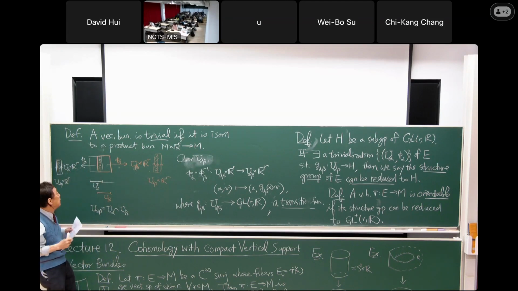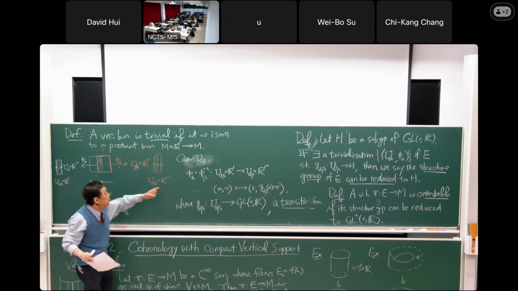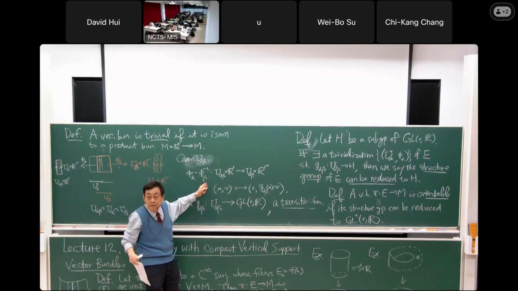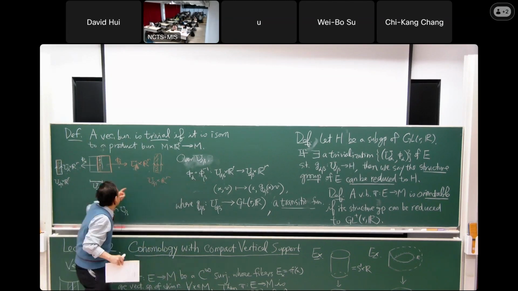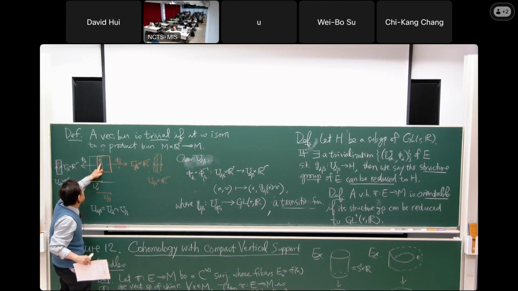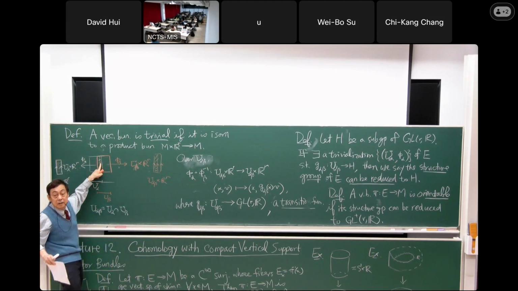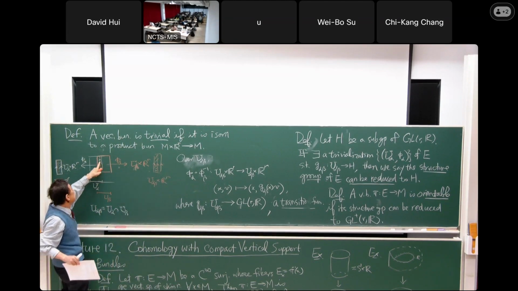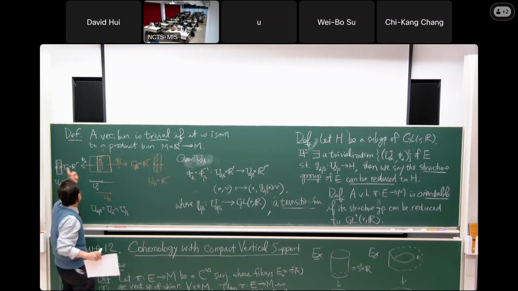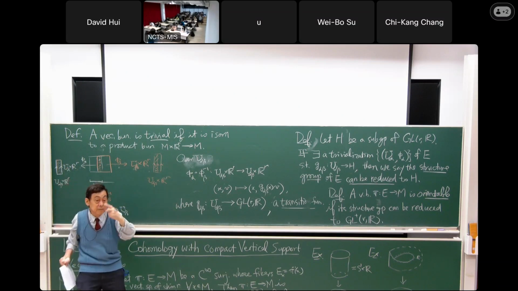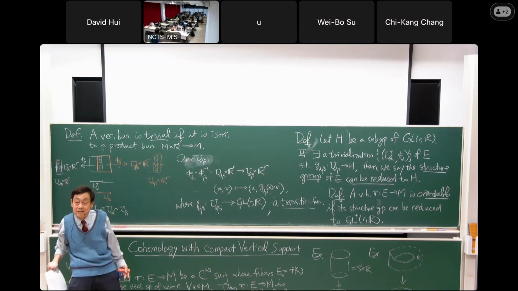However, if the structure group has positive determinant, then the orientation on the fiber has to agree, right? Because if they disagree, then when you take the composition, you'll have the opposite orientation, and that means the determinant will be -1, okay?